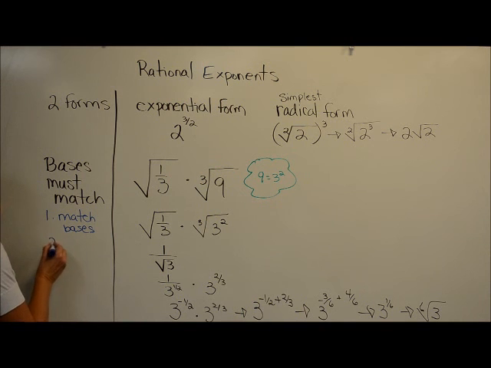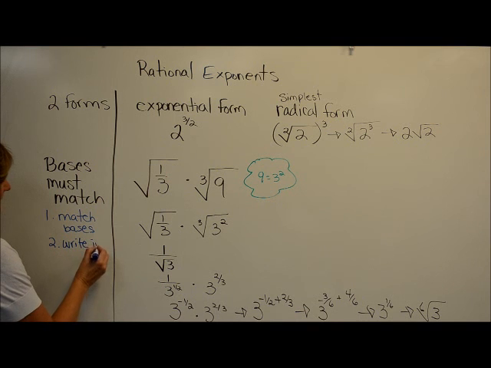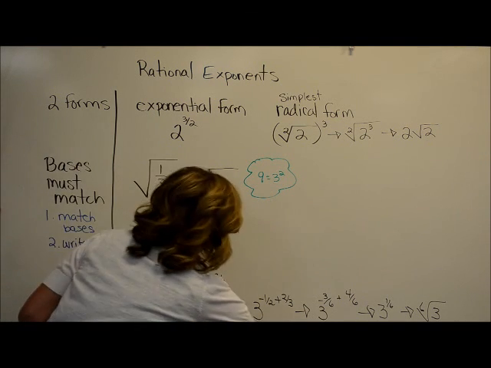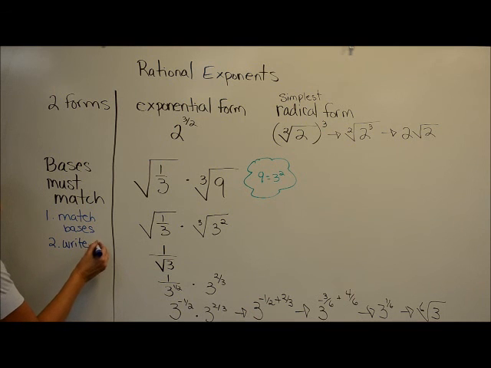The second step is to write each term in exponential form. So that's with exponents. All right, and then number 3 is use laws of exponents, which we already know, to simplify.